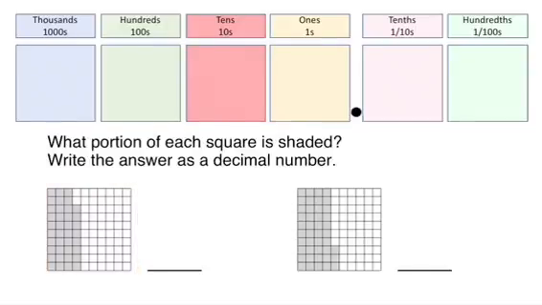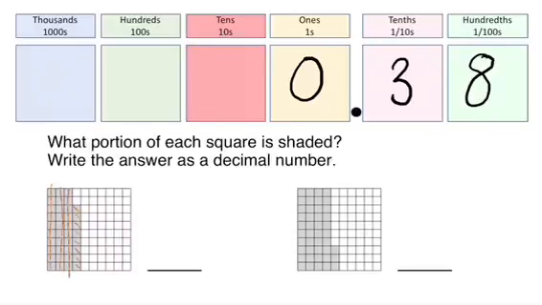We could either say, well, I have got 1 slice, that's a tenth, 2 slices, 3 slices, so I have got 3 tenths. I've certainly got no whole brownies. And then I've got 1, 2, 3, 4, 5, 6, 7, 8 hundredths. So I could say my answer is 0.38.